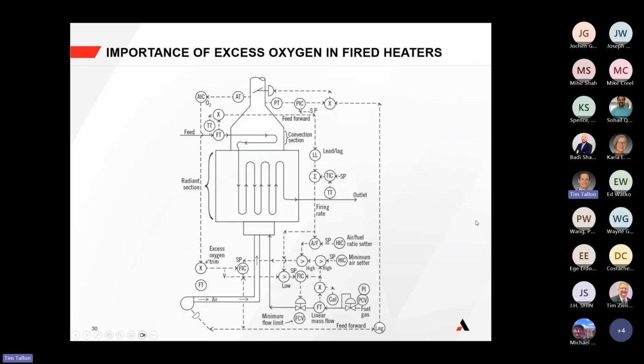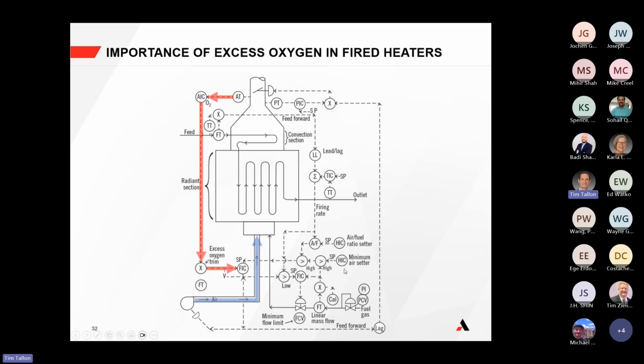So when we look at this in practice, it's important to have this excess oxygen measurement so that we can provide that feedback to the burner. In the case with traditional fired heaters, the analyzer transmitter making that measurement of excess oxygen provides that feedback to the excess oxygen trim that supports the burner.